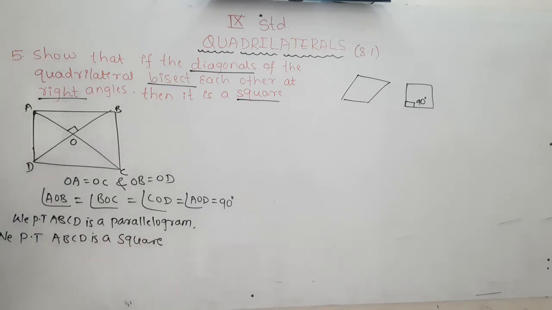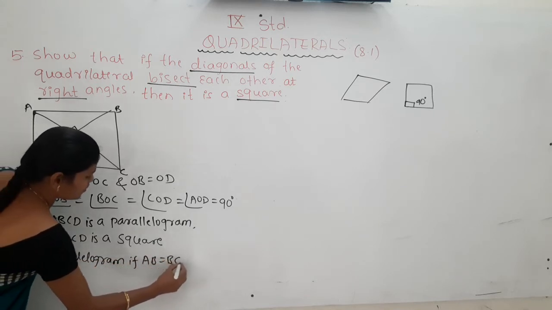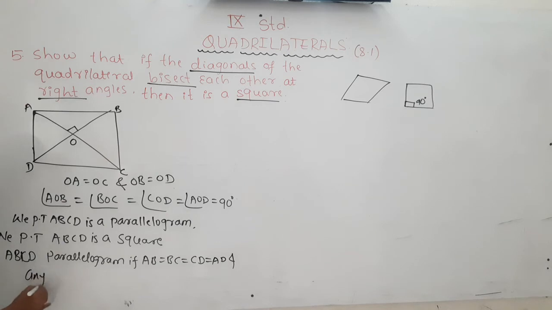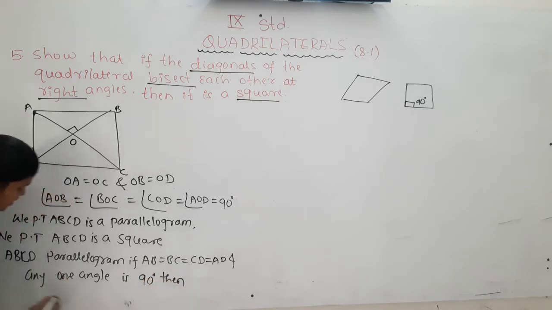If you want ABCD to be a square, your parallelogram should have all four sides equal. In parallelogram ABCD, if AB equals BC equals CD equals AD and any one angle is 90 degrees, then it is a square.